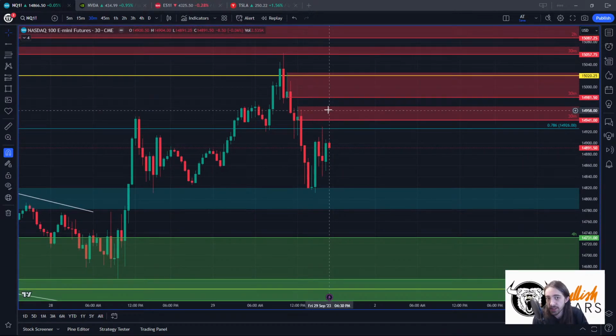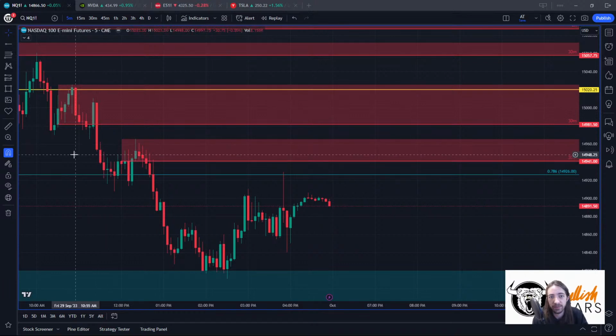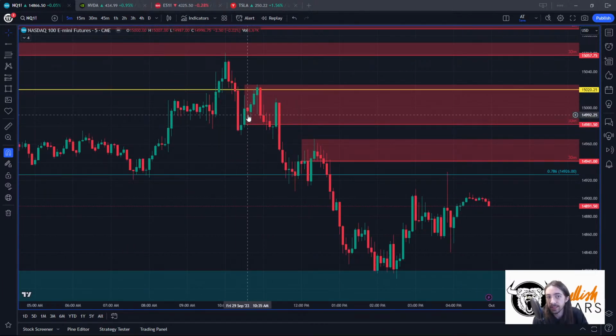I would probably see this zone as a stronger zone than this one due to the fact that there is a trend line here and there's most likely a lot of buyers stuck in the market right up here as well. Now if we break it down to the 5 minute, we could really see, look at this buying pressure, but we created lower highs coming down.